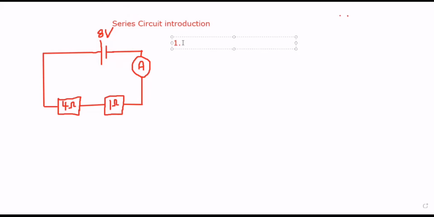So that's the first characteristic, that the components are connected to the same wire. You can see that the cell, the resistors, and the ammeter are all connected to the same wire, right?